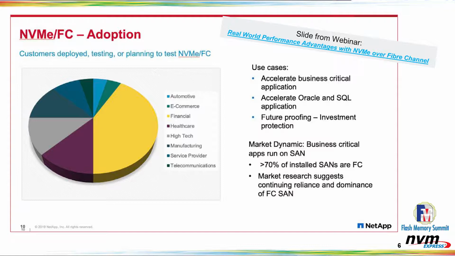Well, they obviously looked at their business-critical applications, your usual suspects in the enterprise, which are transactional database systems, and they wanted to accelerate those. Secondly, future-proofing was very high on the list of objectives for why they wanted to kick the tires on NVMe over fabrics.